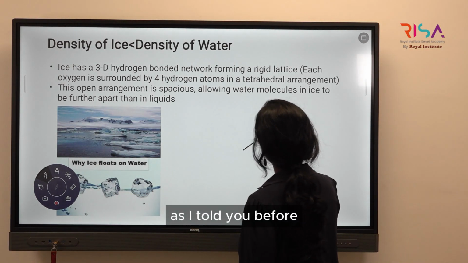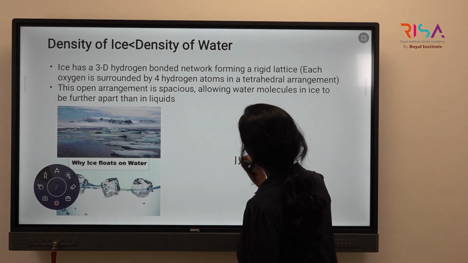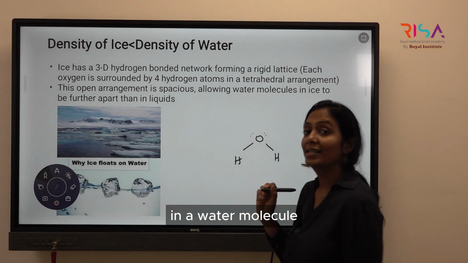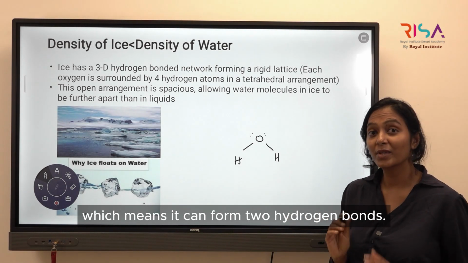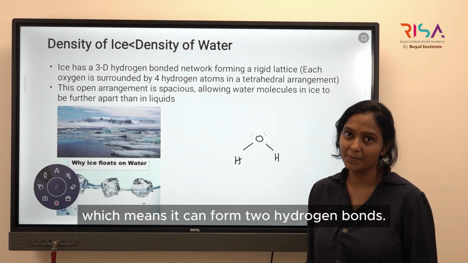As I told you before, in a water molecule, we have two lone pairs in each oxygen atom, which means it can form two hydrogen bonds.